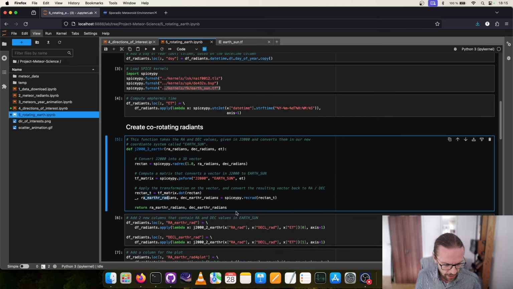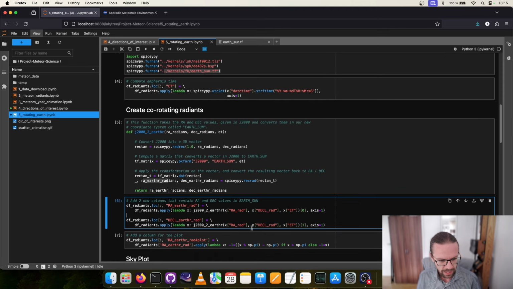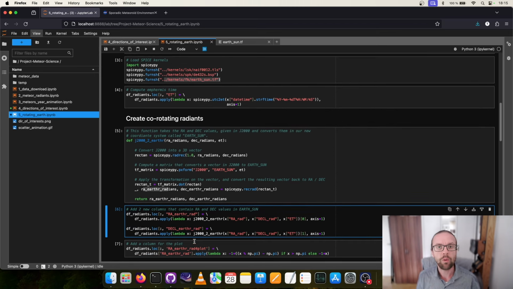This is now being applied here in our data frame with the apply function, where we use the radiant, the right ascension, the declination, and the time, and then call the function, and then write the two columns. And then of course we also need to convert it for our matplotlib plot.